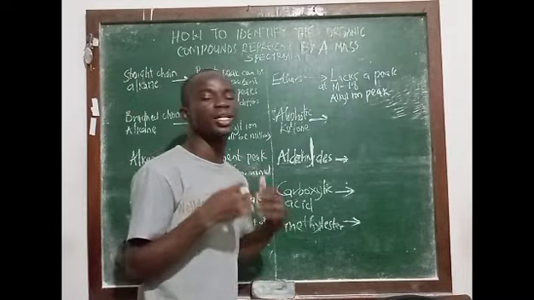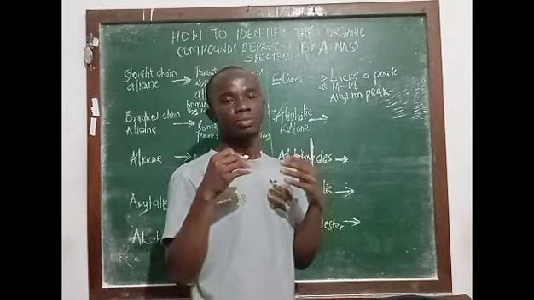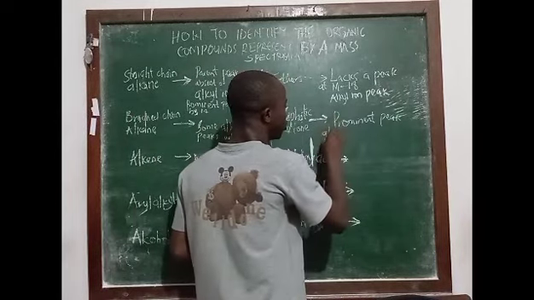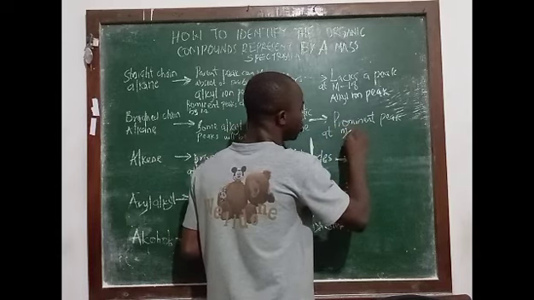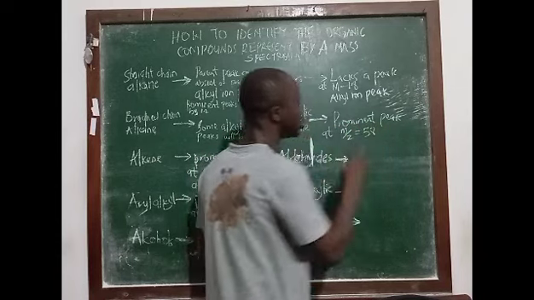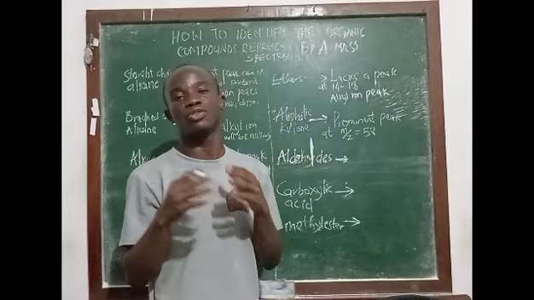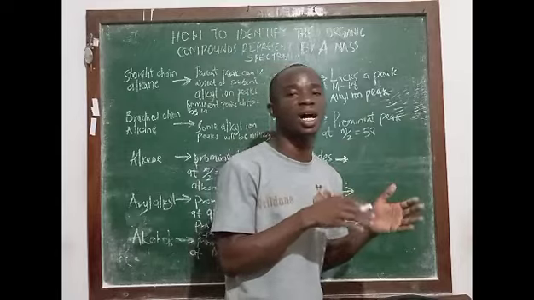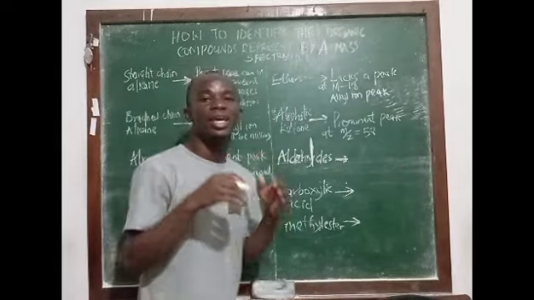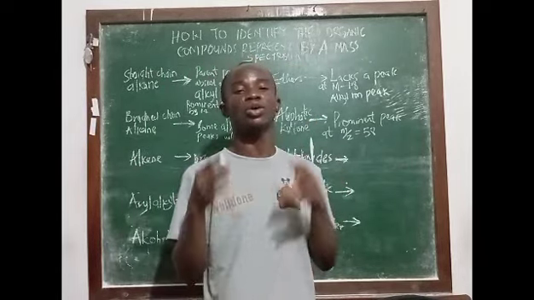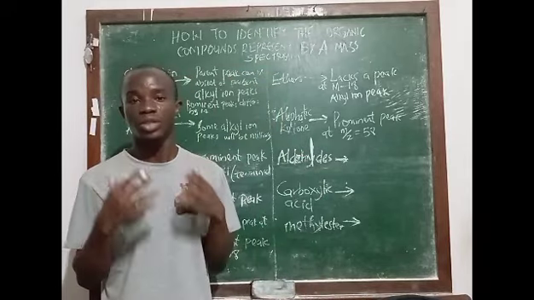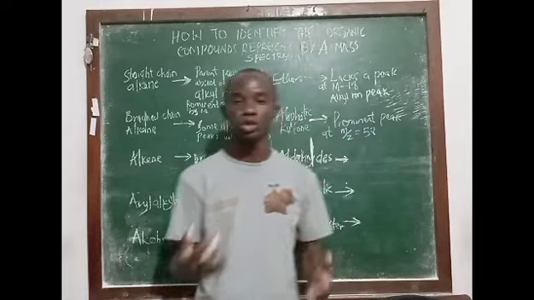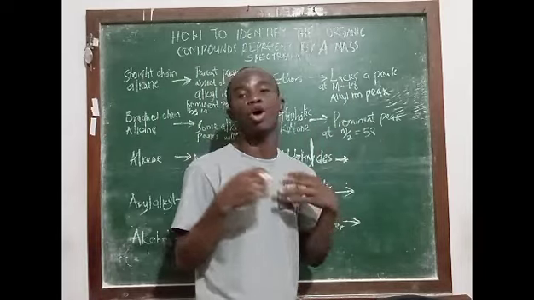For ketone, when a ketone undergoes McLafferty rearrangement, it produces a prominent peak at mass to charge ratio equals 58. This peak at 58 is the basic place where you can see a signal for a ketone that undergoes McLafferty rearrangement. But depending on the position of the carbonyl within the ketone compound, this value can also change.